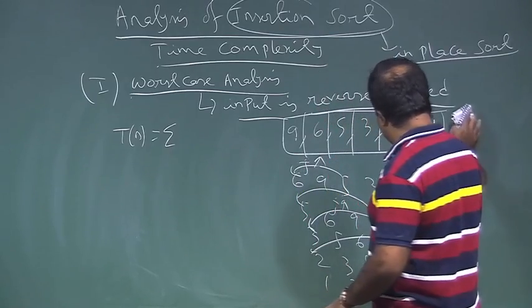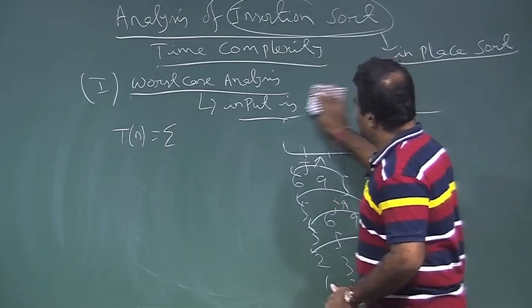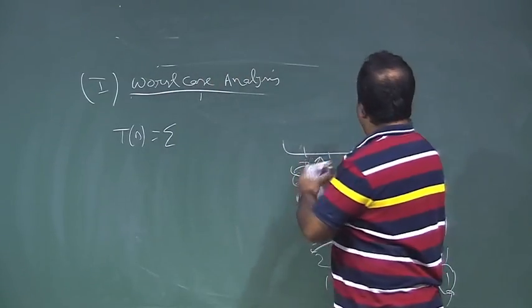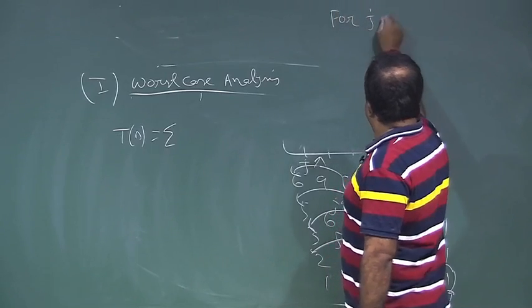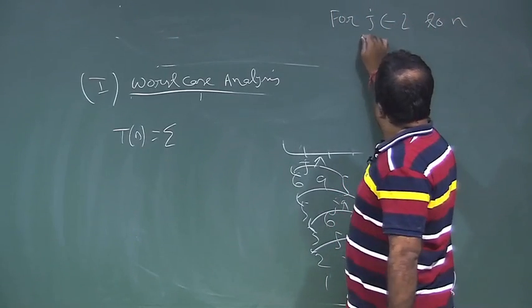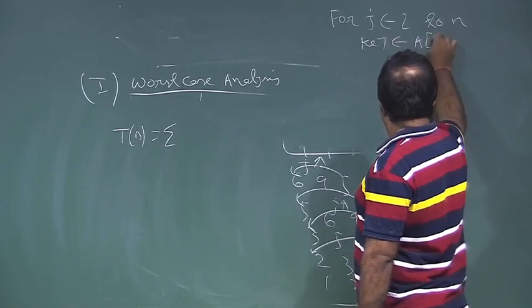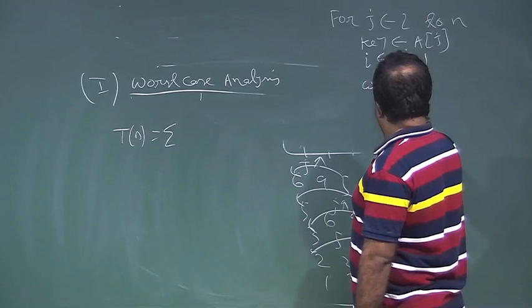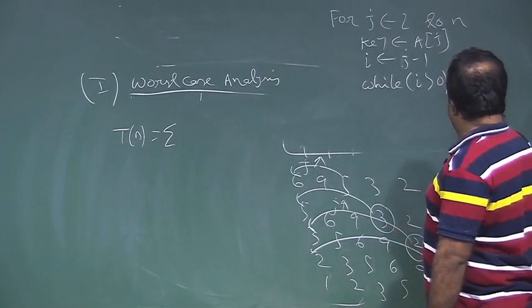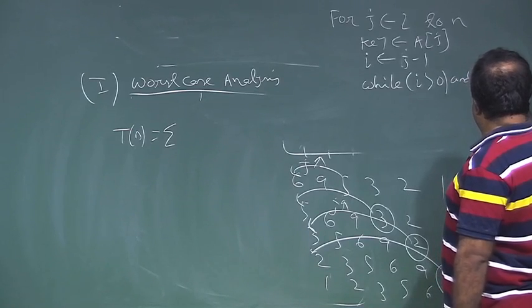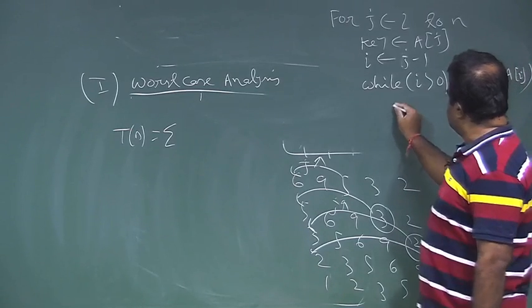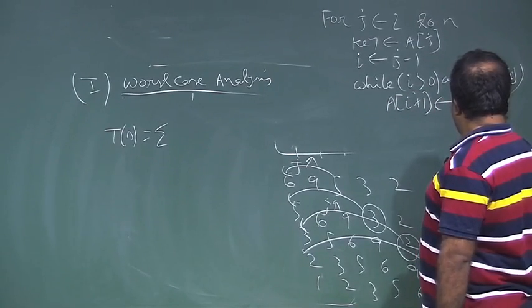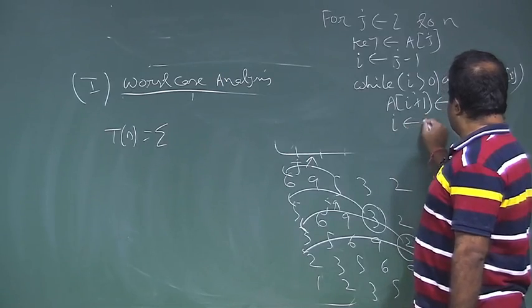So, let us write the insertion sort code again. For j equals 2 to n, key equals A[j], i equals j minus 1, and then we have a while loop: while i is greater than 0 and key is less than A[i], then we run this: A[i plus 1] equals A[i], and then i equals i minus 1.